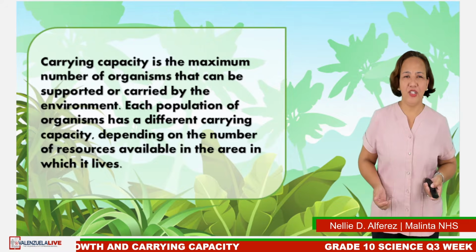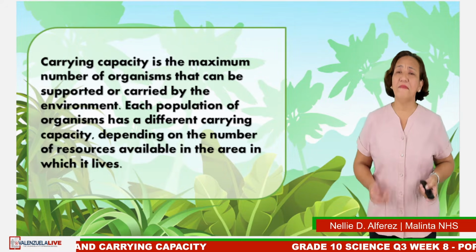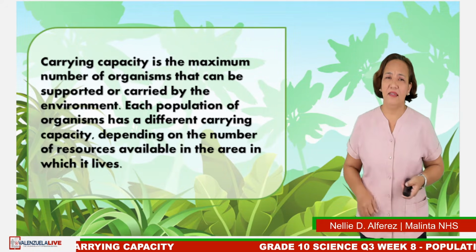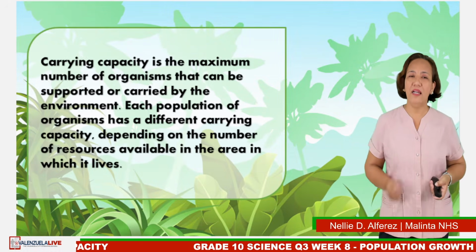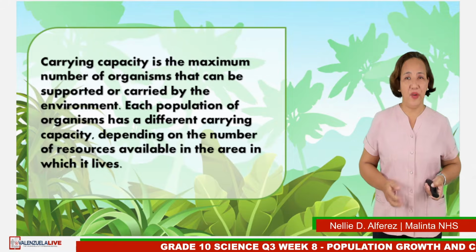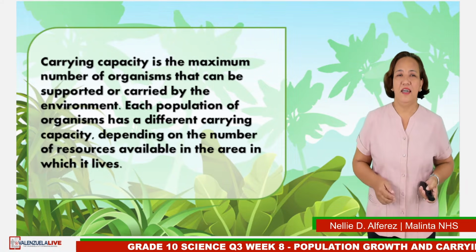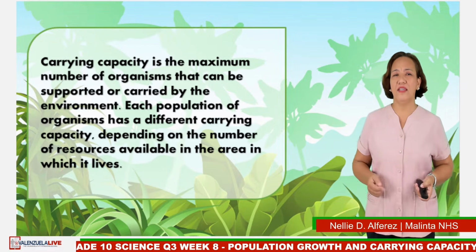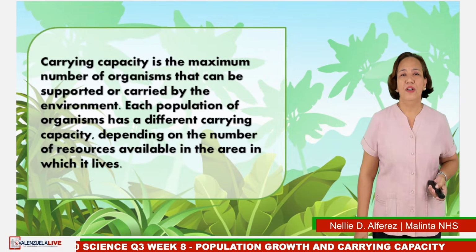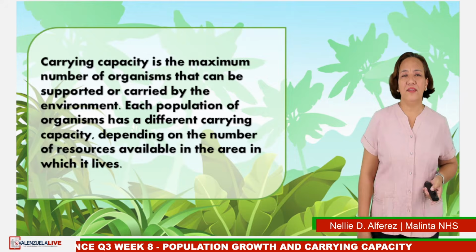Each population of organisms has a different carrying capacity, depending on the amount of resources available in the area in which it lives. Carrying capacity determines the amount of resources like food, water, and habitat.